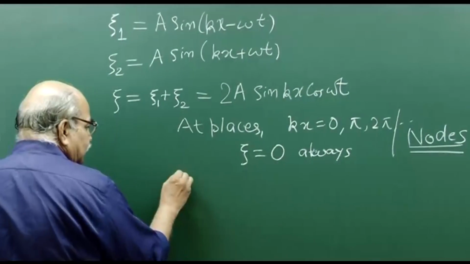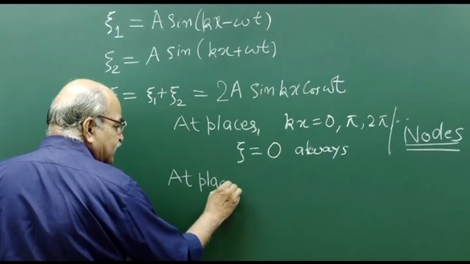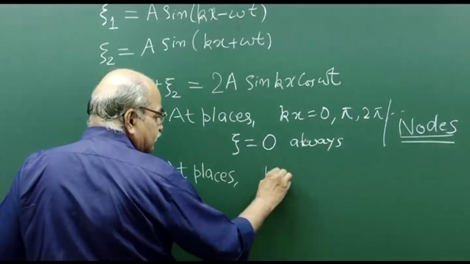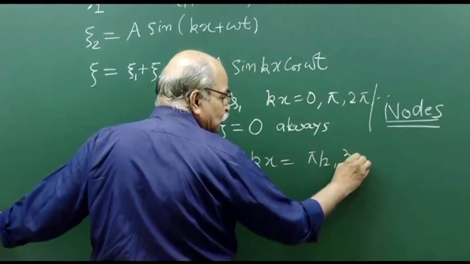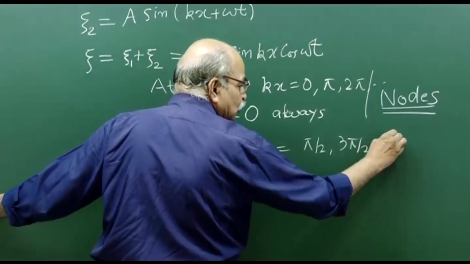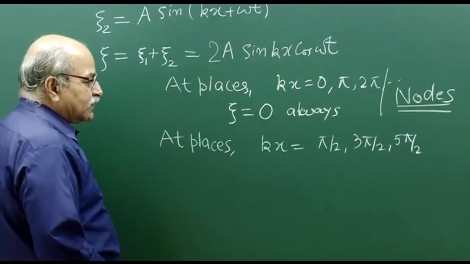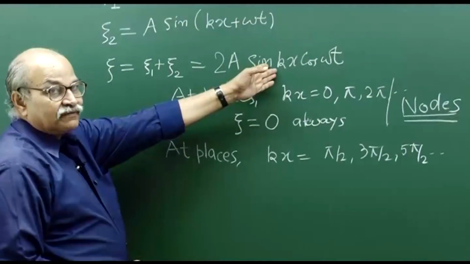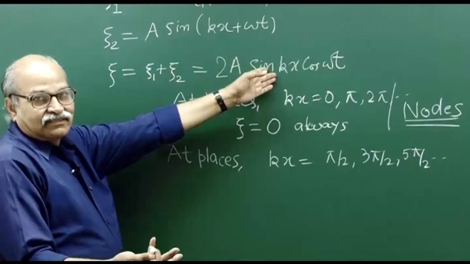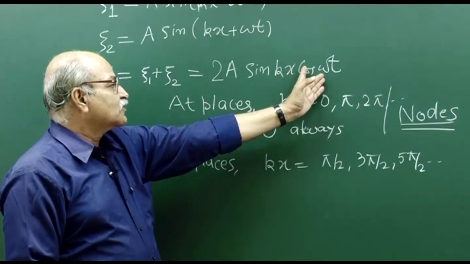And then you have other positions midway between these, where kx is pi by 2, 3 pi by 2, 5 pi by 2, or the odd integral multiple of pi by 2. In that case, this is always 1 or minus 1, does not matter, because this cos omega t is anyway going from plus 1 to minus 1, minus 1 to plus 1.